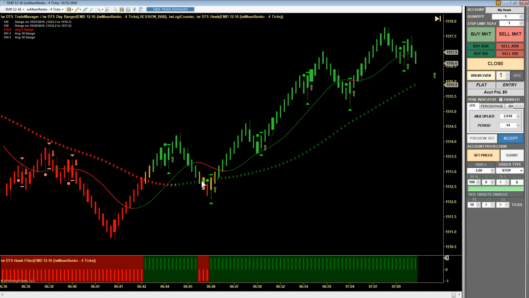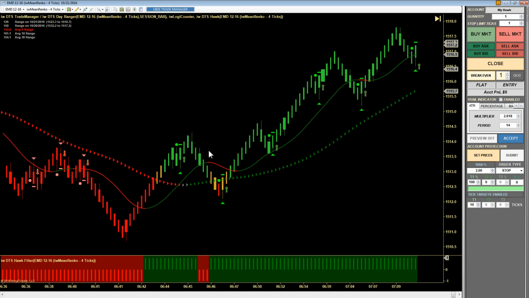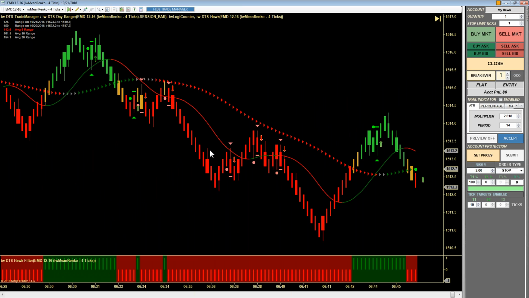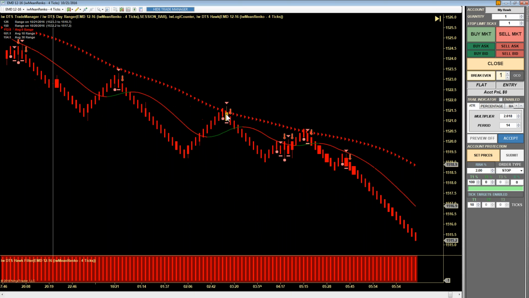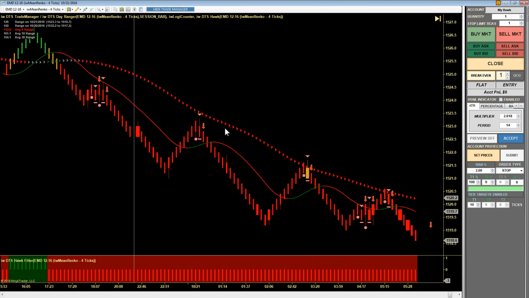Now, speaking of market characteristics, in the mid-cap, you're going to notice that the red bar buy signals have some tremendous follow-through, and their counterparts, the green bar sells, if I can find you one. This one got close, but not quite. You'll have to take my word for it.